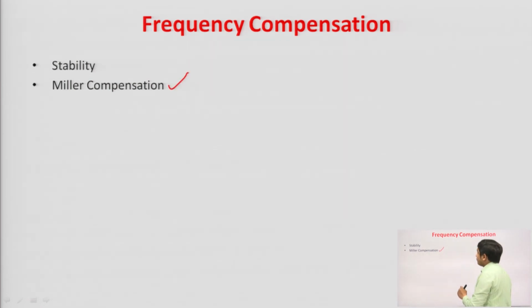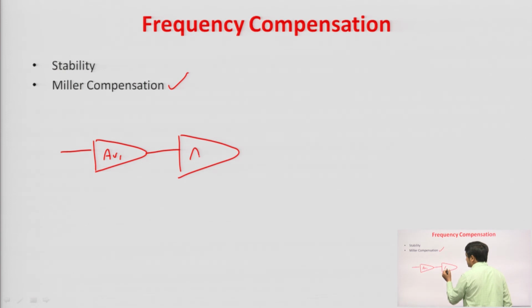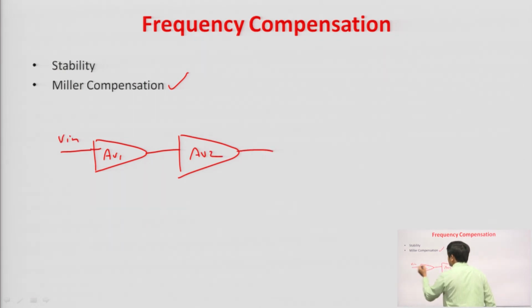So, how do we stabilize the circuit? Let us understand it by considering the example of a two stage amplifier, where the gain of the first stage is A V 1 and the gain of the second stage is A V 2. This is V in, this is V naught.